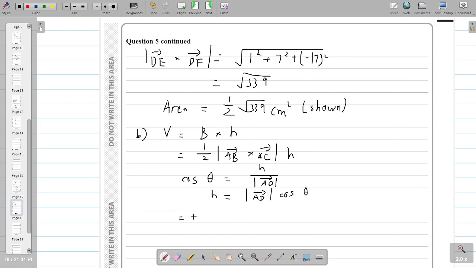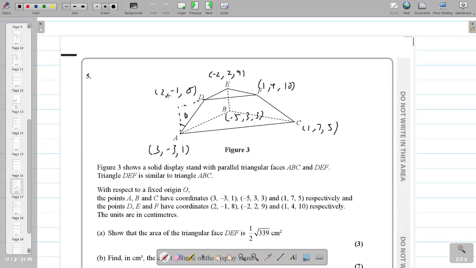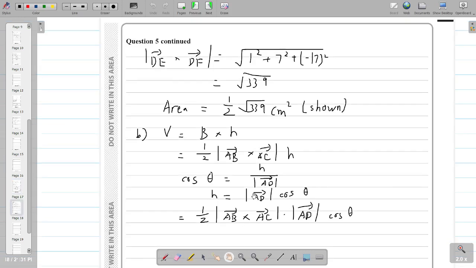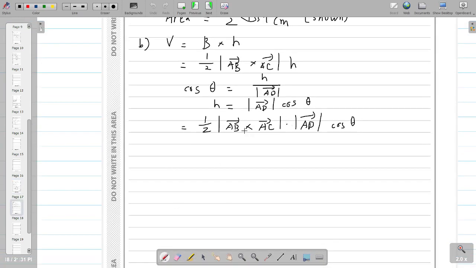All right, so this is equal to half of the magnitude of AB cross AC, times AD cosine theta, where theta is the angle between AD and height. So what we can do is use the definition of the dot product to say that if we have two vectors multiplied together and they have a cosine theta, we can just call them the dot product.